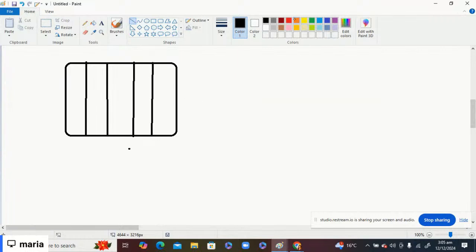So this is the shape. What is the answer of this one? First of all, in the denominator, we are going to check how many total parts. Count it everyone and then tell me. How many total parts are we putting in the denominator?